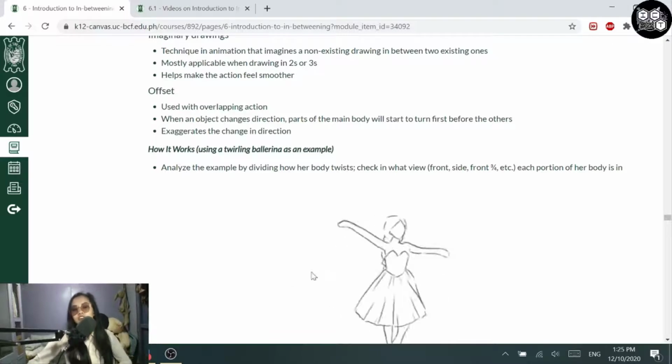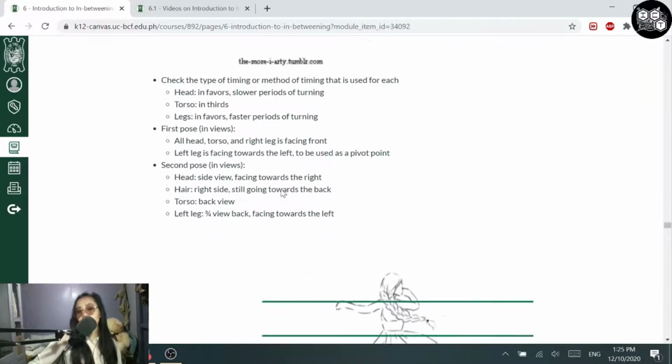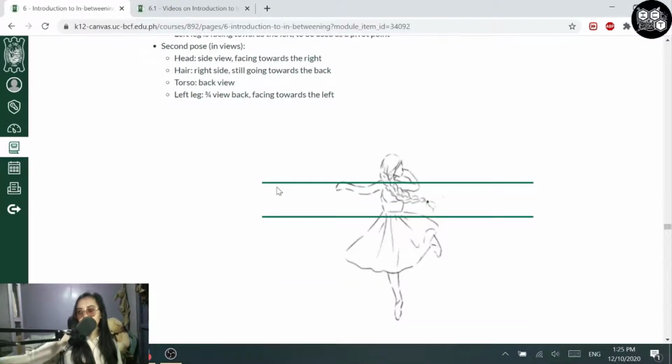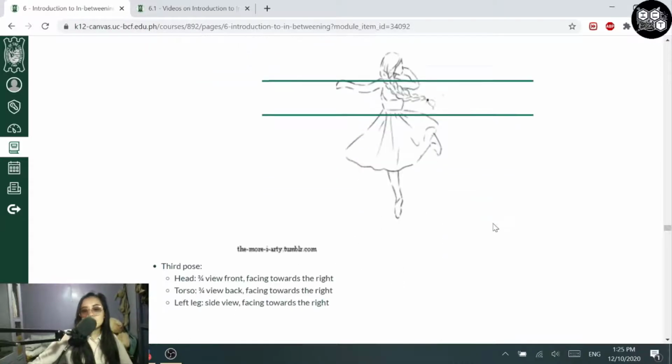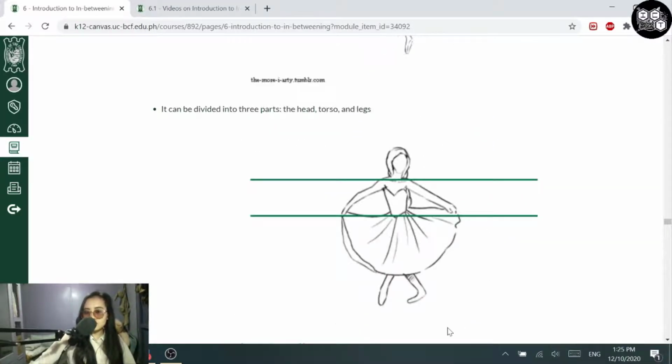Here you have a twirling ballerina. This would be more about concentrating on the views in terms of how it moves. With that one, you would need the idea of separation. You would have to create the head first, then the body, and afterwards the legs. For example, we started with a normal position, where everything is kind of at the front.